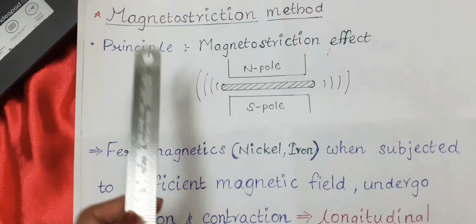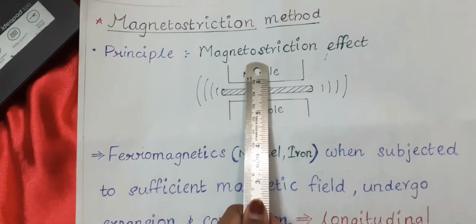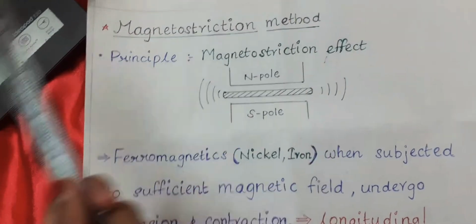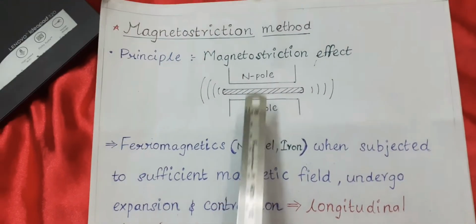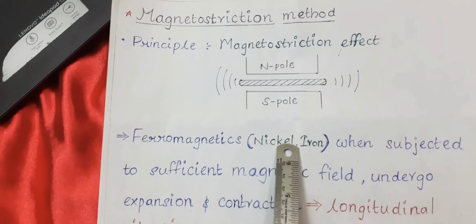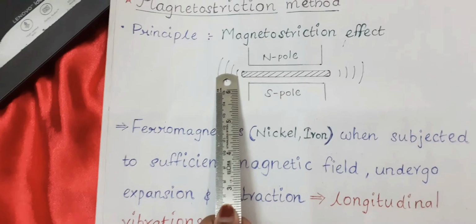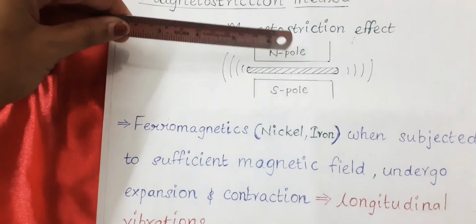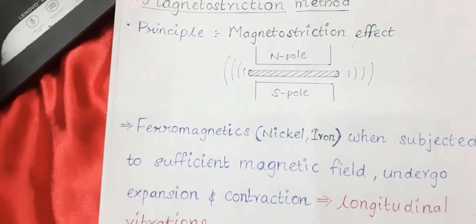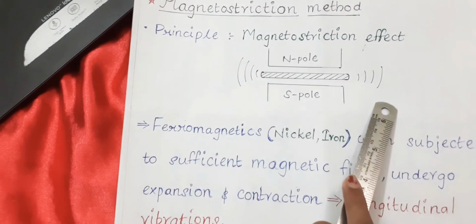So here the principle in action is called magnetostriction effect. It will not be familiar to you. Let's see what is magnetostriction effect. So ferromagnetic materials like nickel or iron, when taken in the form of a rod and placed in between the poles of a magnet, will experience a strong magnetic field along the length of it.